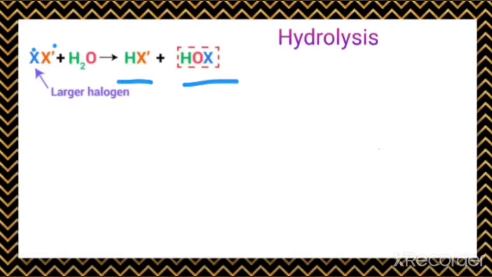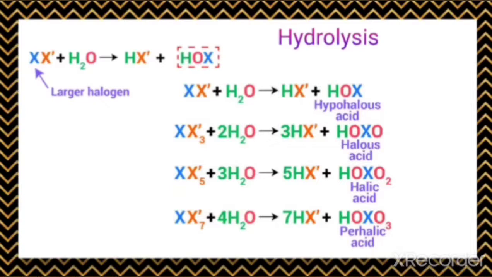and the smaller one is forming the halide. Now let us look at some of the equations shown here. XX dash plus H2O gives rise to HX dash and HOX, that is hypohalous acid. Next, XX dash 3 plus H2O gives rise to three HX dash, and the larger one, represented here in blue color X, is forming an acid.